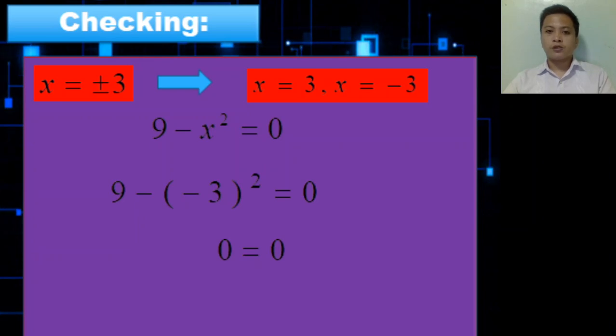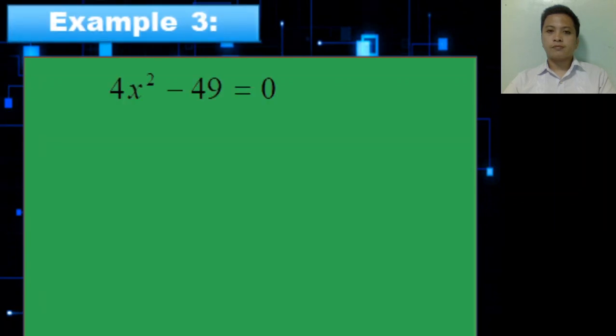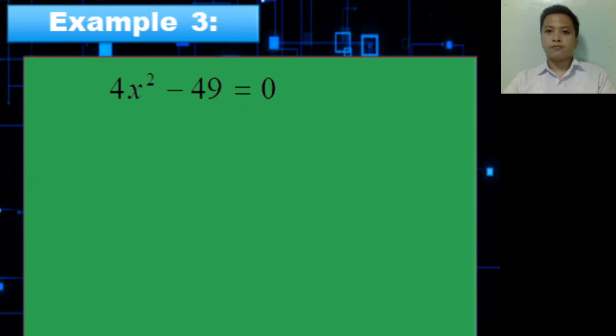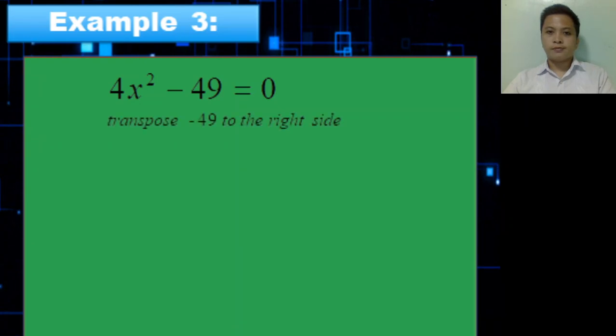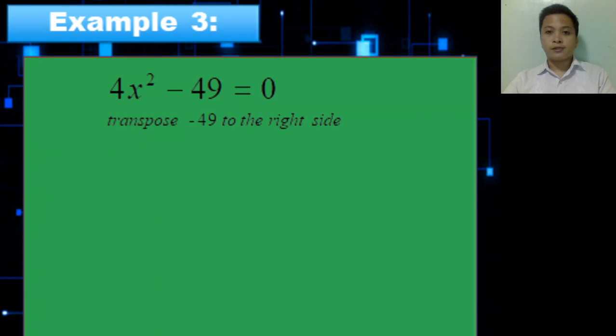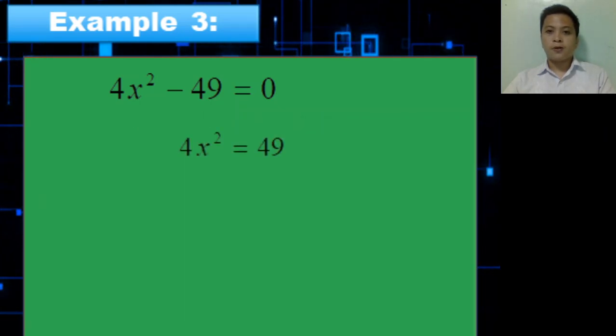Example 3, 4x squared minus 49 is equal to 0. How to solve this one? First, transpose negative 49 to the right side. We will have 4x squared is equal to 49. Divide both sides of the equation by 4.